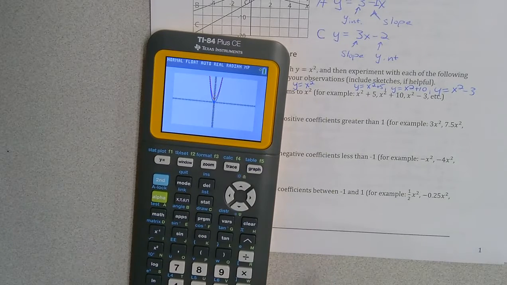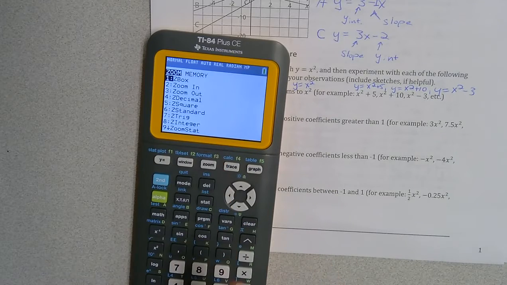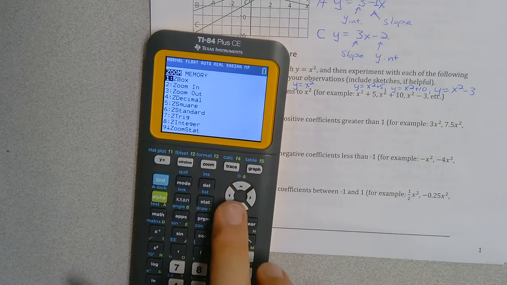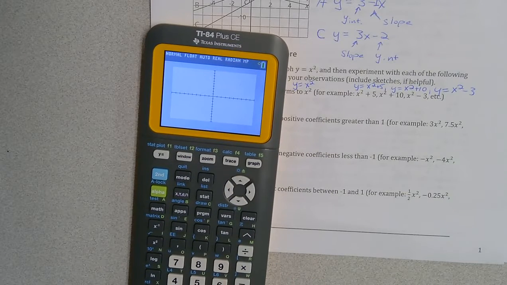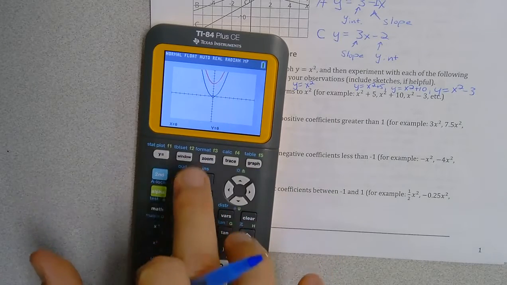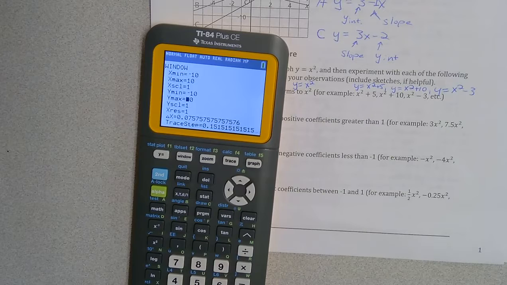If I graph that, let me go to my zoom and change my window, because I can see the graph is probably going to be up there. I'm going to change my minimum from negative 10 to 20 and then graph.